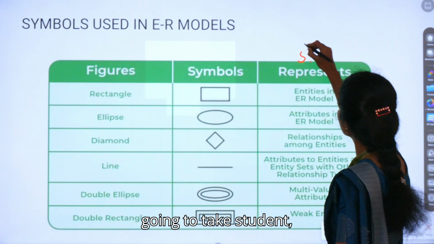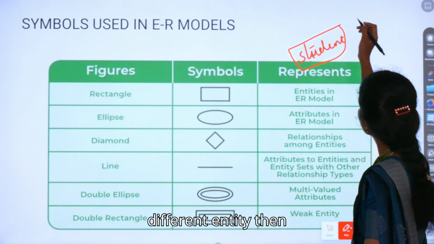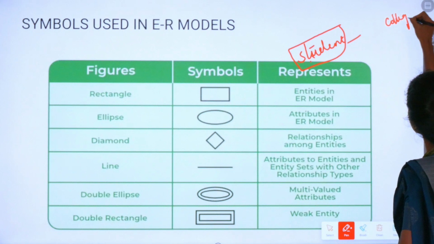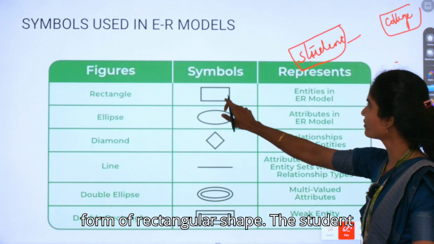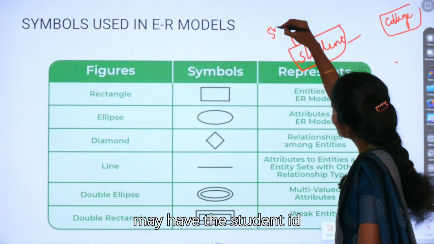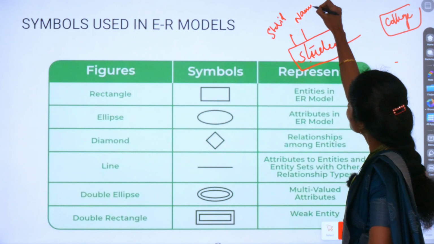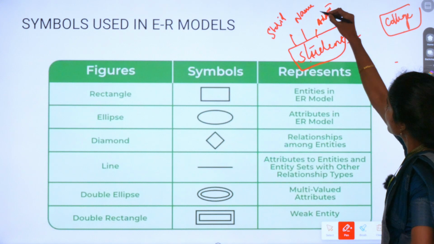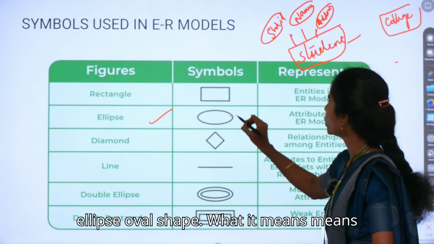I take student, which is an entity, and another one is college. Entities are represented in the form of a rectangular shape.